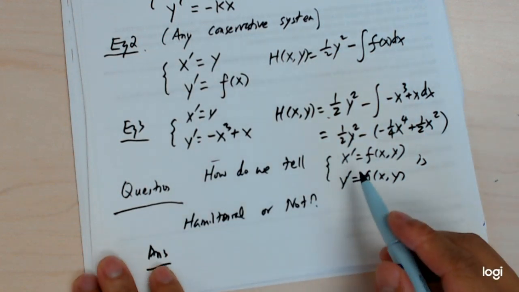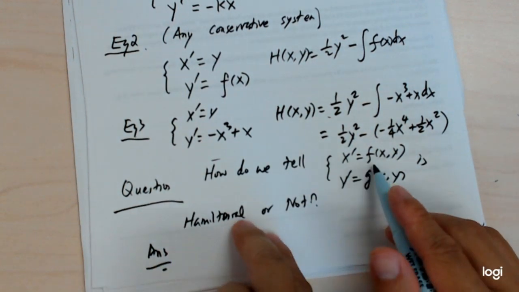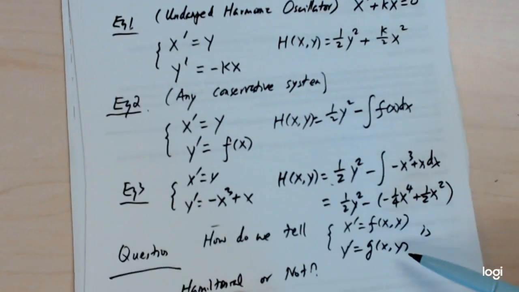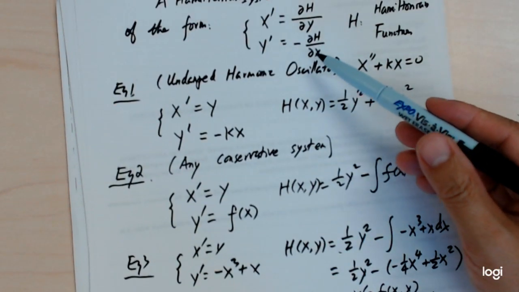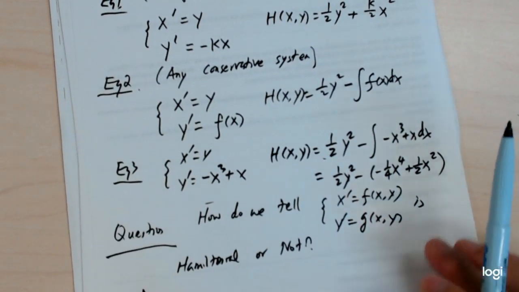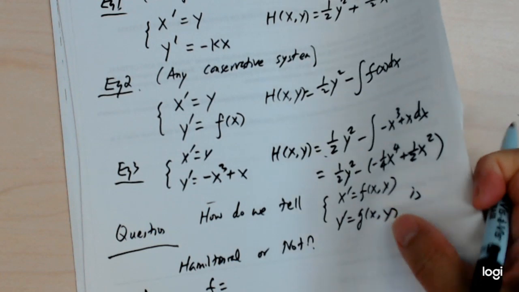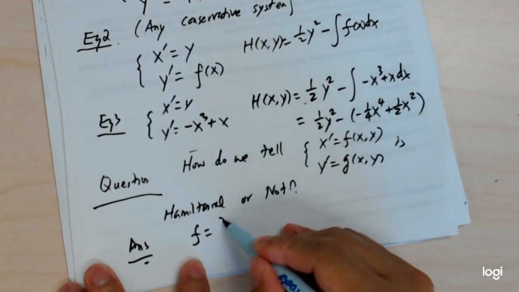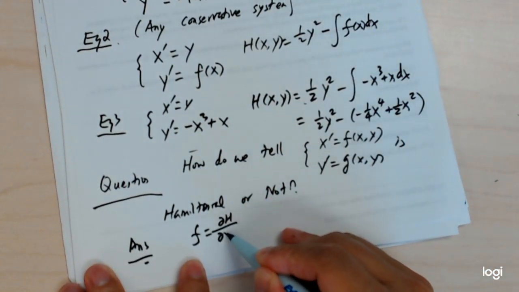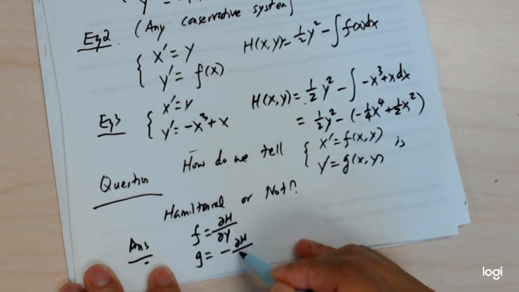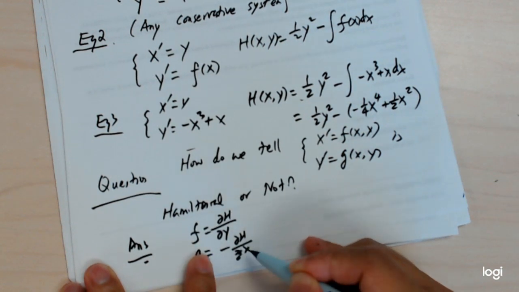Essentially, for this to be Hamiltonian, this one needs to be the derivative with respect to y, and this one needs to be negative dH/dx. So I need f to be dH/dy, and g needs to be negative dH/dx.